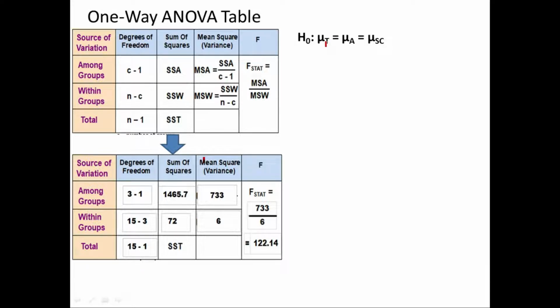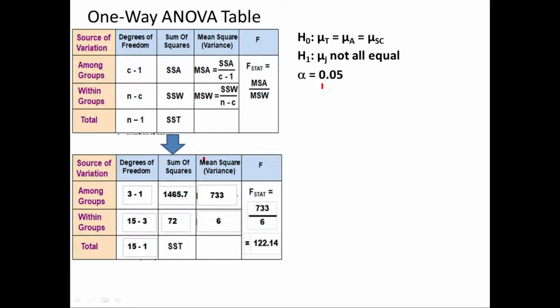Mean for teenager equal to mean for adult equal to mean for senior citizen. All the means from these three groups are equal. So this is the null hypothesis. The alternative hypothesis: means are not all equal. At least one is not equal.